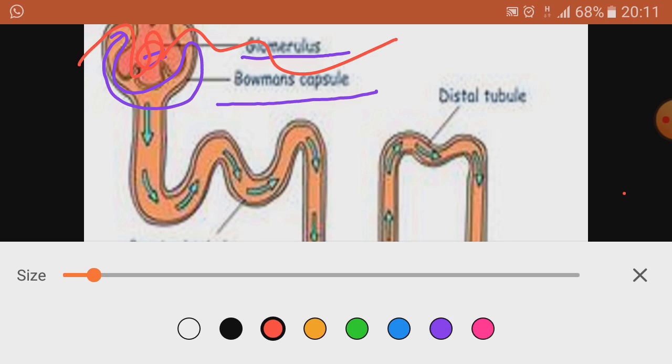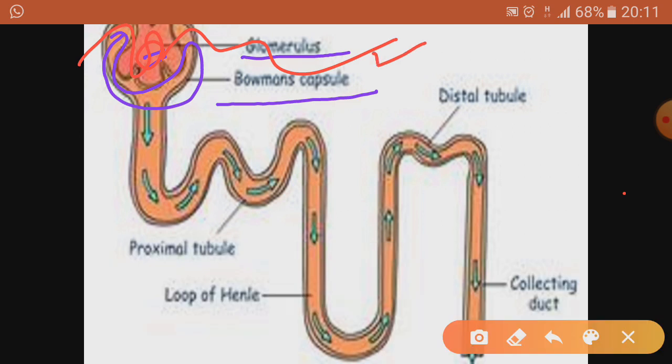And as a whole, glomerulus plus Bowman's capsule is known as the Malpighian body.